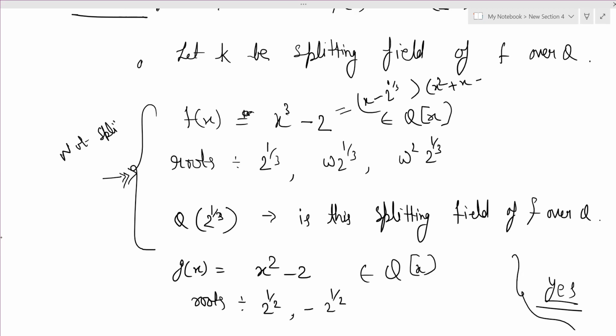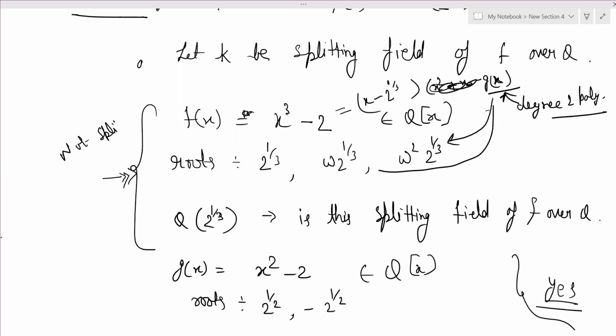I don't know exactly what the polynomial will be, but some polynomial g(x). You can calculate what g(x) is. This will be a degree 2 polynomial, and you cannot factorize it into linear factors because these two roots are not there. Its roots will be these two roots. Agreed or not? Yes, sir, agreed. So that's why it is not splitting.